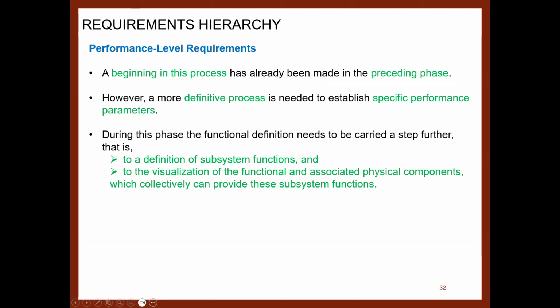So as I stated, we did part of it in the needs analysis phase. Now we need to revisit those functions. They need to be carried a step further, maybe looking into the function that each subsystem must perform now, and how that is going to work with the existing technology.